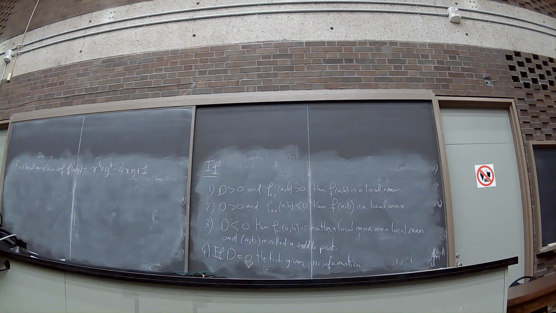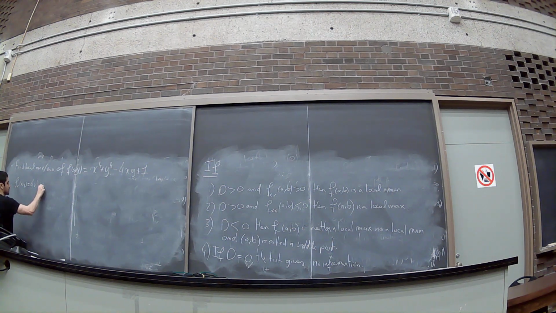So all I have to do to find the critical values is to solve gradient equal to 0. How did you do it in calculus 1? You solve derivative equal to 0. The same thing here now. What is my gradient? The derivative of f with respect to x is 4x cubed minus 4y, right?